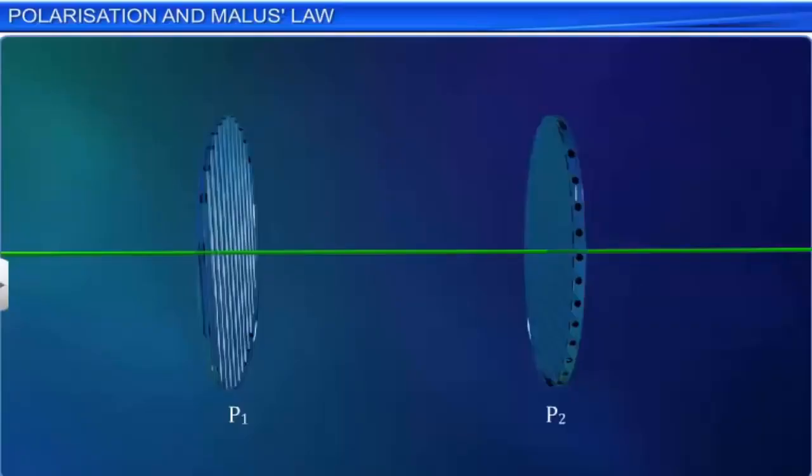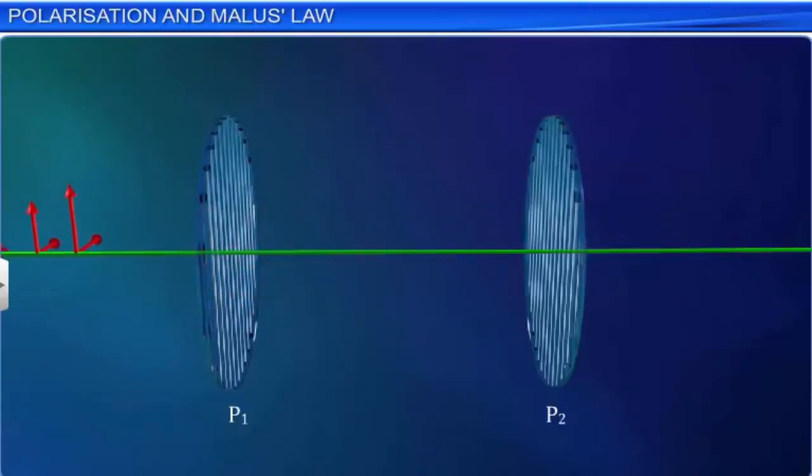This can be understood by considering the orientations of the pass axes of the two Polaroids. The light passing through the Polaroid P1 gets polarized along its pass axis. If the pass axis of the Polaroid P2 is perpendicular to the pass axis of the Polaroid P1, then no light is transmitted through the Polaroid P2.